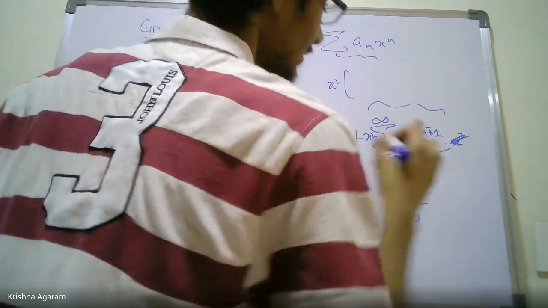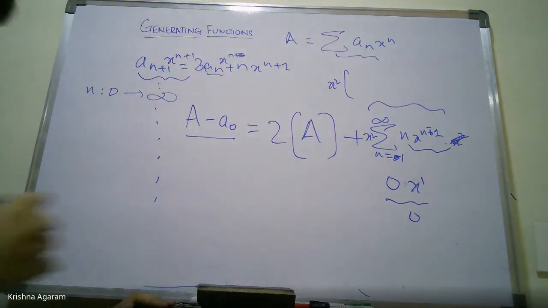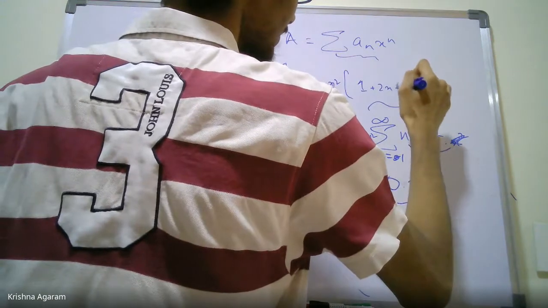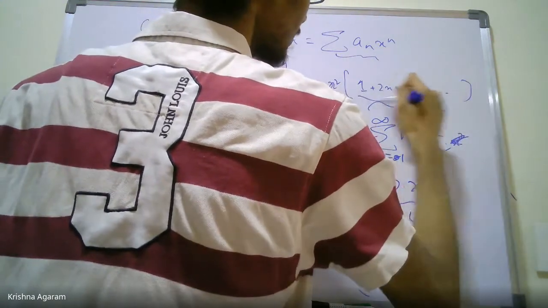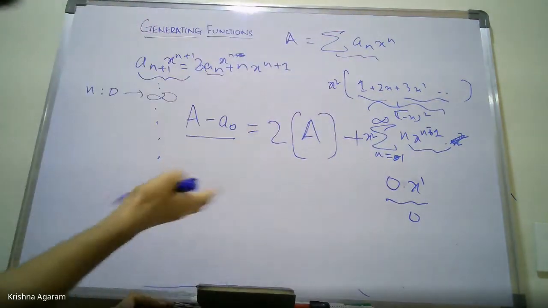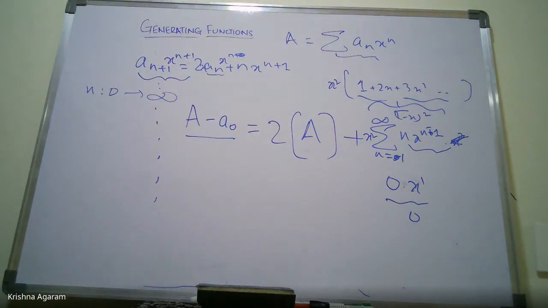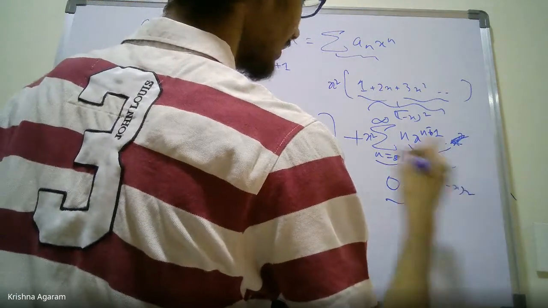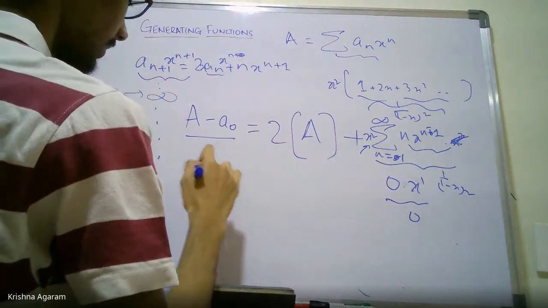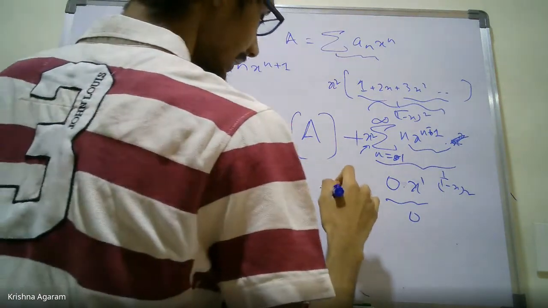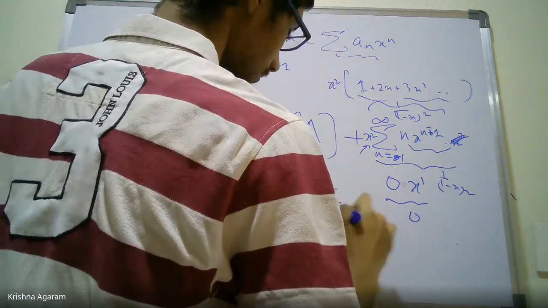So I can just write n equals 1 to infinity, there's no problem. So this will just be 1 plus 2x plus 3x squared, and so on. This is just 1 by (1 minus x) squared, if you like by calculus or by whatever we also discussed today. So this term is 1 by (1 minus x) squared, and there's an x squared in front. So you have A minus a naught is 2A plus x squared by that.